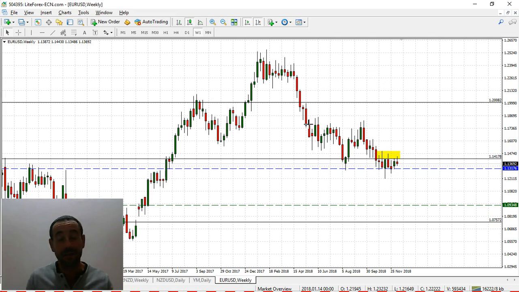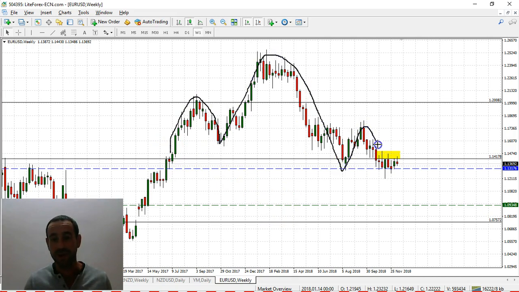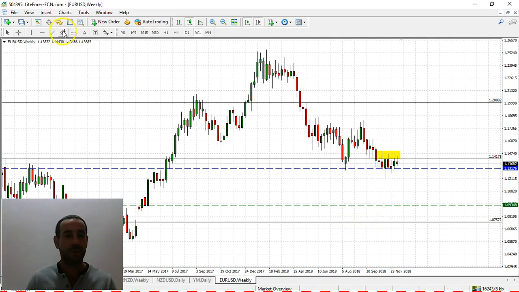The bigger the head in relation to the shoulders, the better. This is a simple fact, guys. Take a look at this massive head, right? We have the left shoulder right here. This is the head, huge head. And this should be the right shoulder, right? Now, if I were to draw a neckline, this is how it would look.